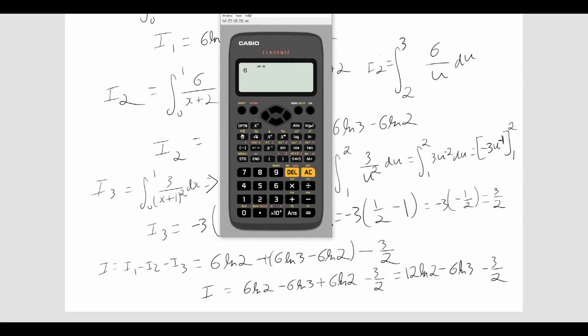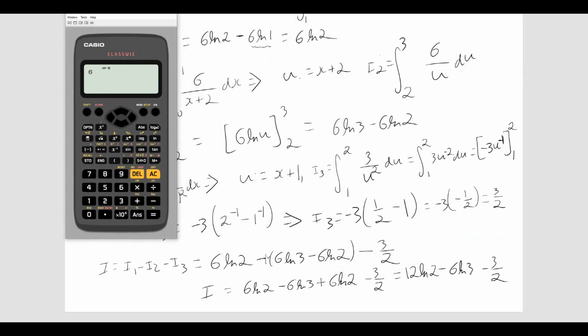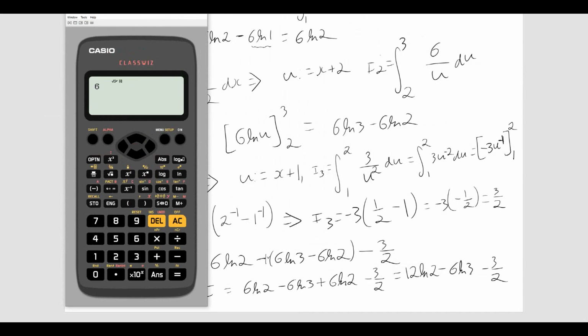So, we could very easily manipulate these logs down, but the easiest thing to do at this stage of the modern calculator is just to put it in. So we have 12 log 2, take away 6 log 3, take away, again, 3 over 2 is 1.5, equals 0.2261, or to 3 decimal places, 0.226, which would be our final answer.